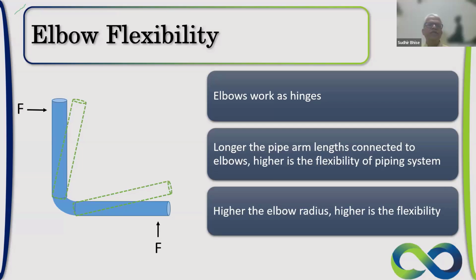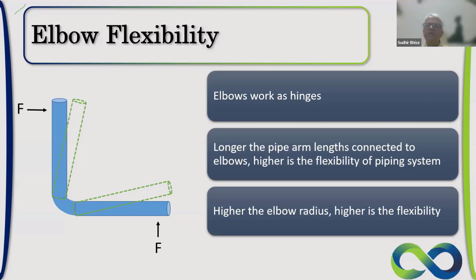The flexibility of the pipe is very high as compared to the elbow because a pipe is nothing but an elbow with a radius almost tending to infinity. That is why it has the maximum flexibility possible. If you compare the rigidity of a pipe with respect to an elbow, you can safely say that if the flexibility of the pipe is 1, then the flexibility of the elbow is almost 1 divided by 2.5.